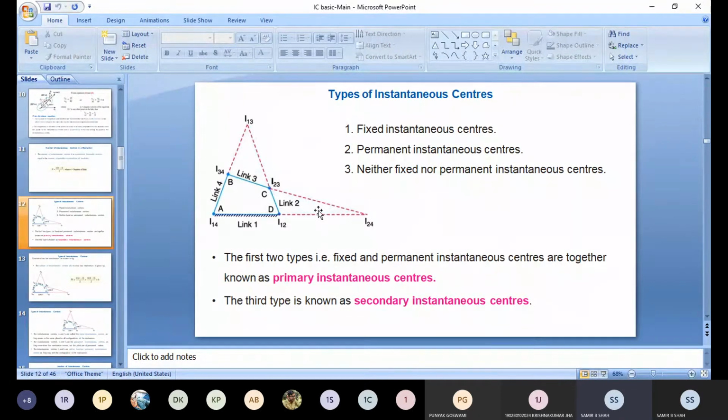From the figure, we consider that the instantaneous center can be divided in 3 ways: fixed, permanent, and neither fixed nor permanent.